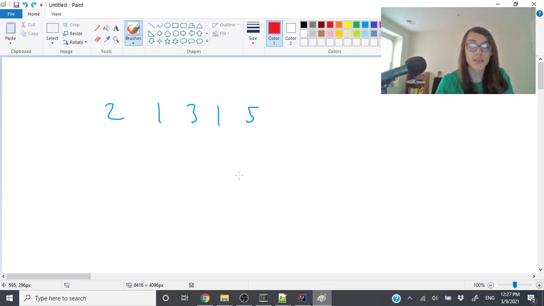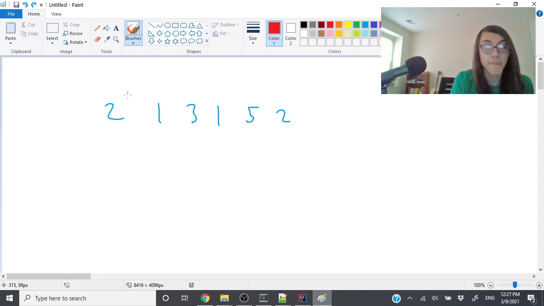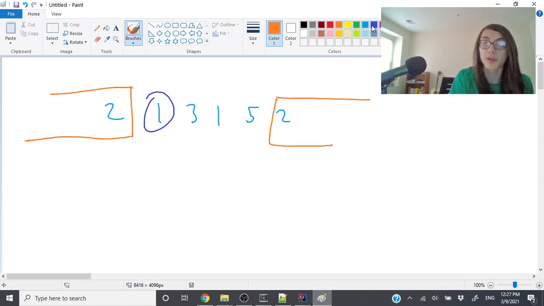So the way we can do that is, for example, let's say for each element, let's find the longest palindromic subsequence where this is the middle. So what that means is we have to inherit some subsequence from the left and some subsequence from the right, where this is equal to the reverse of this.